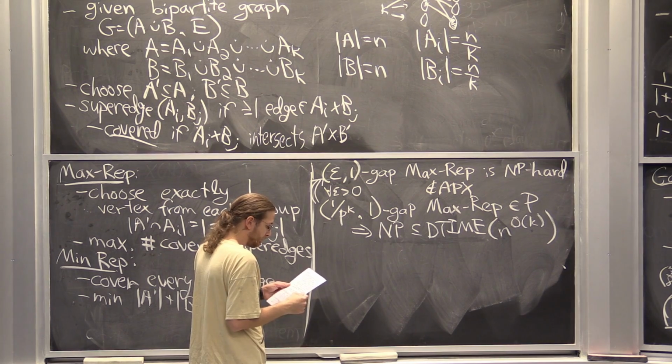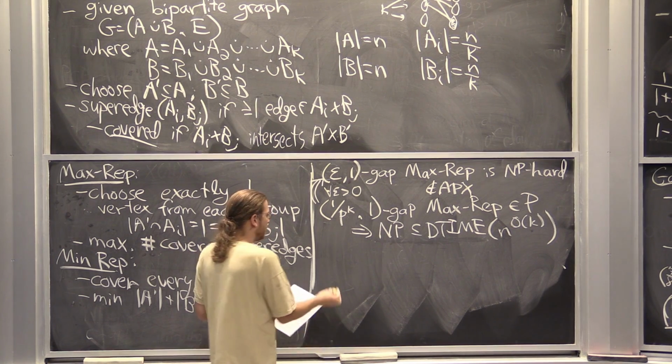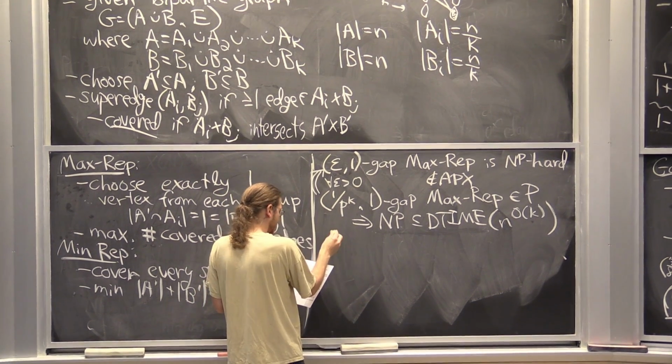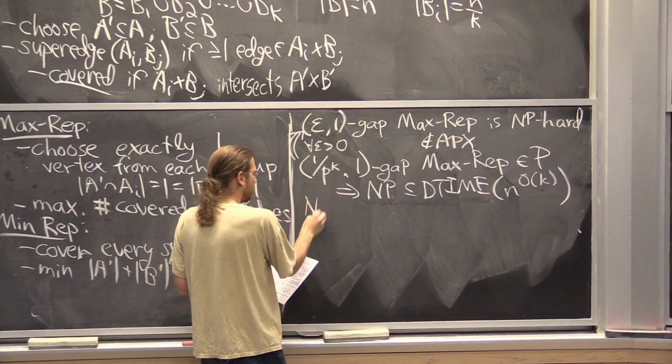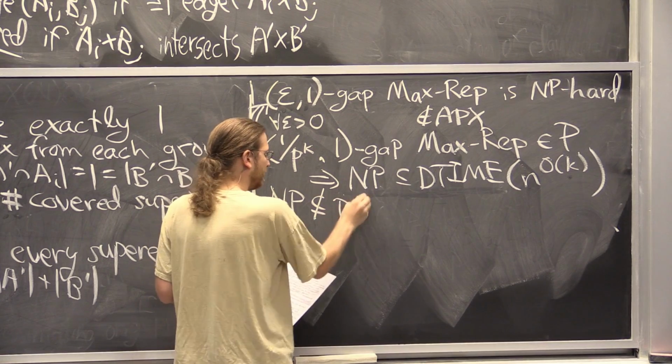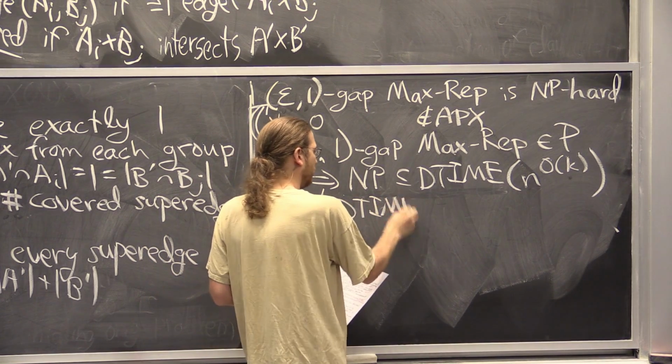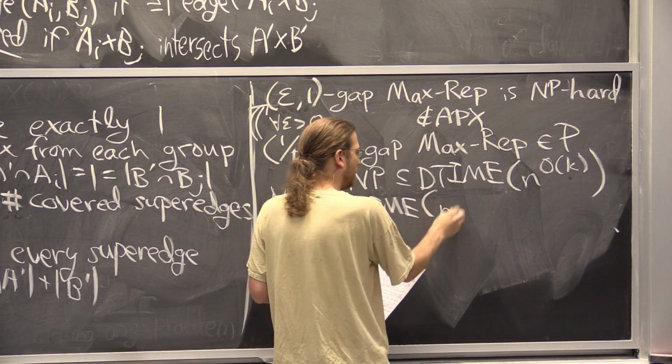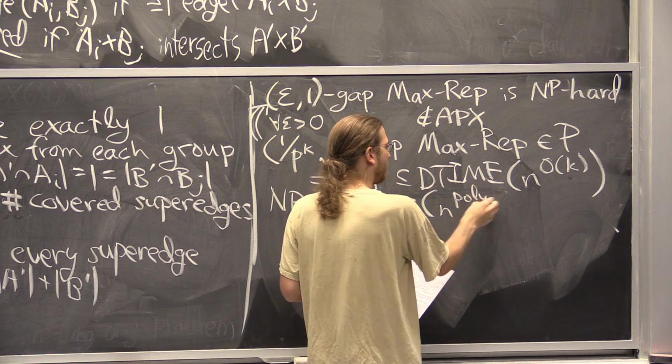So a reasonable limit, for example, is that let's say we assume NP is not in n to the poly log n.